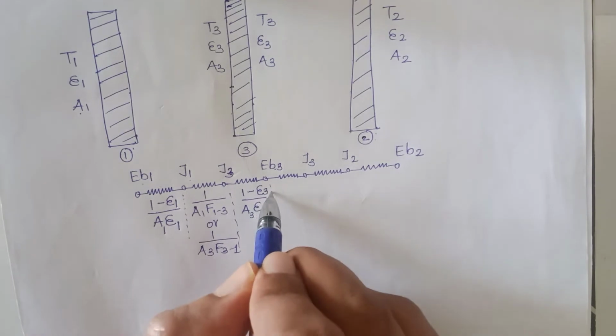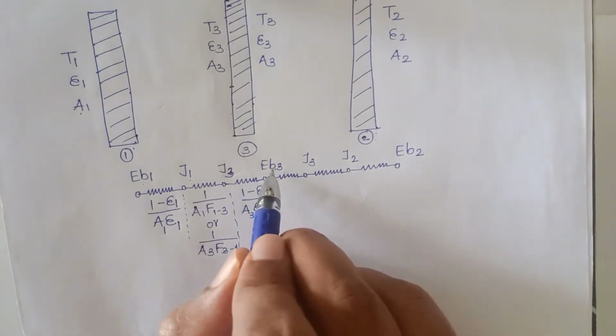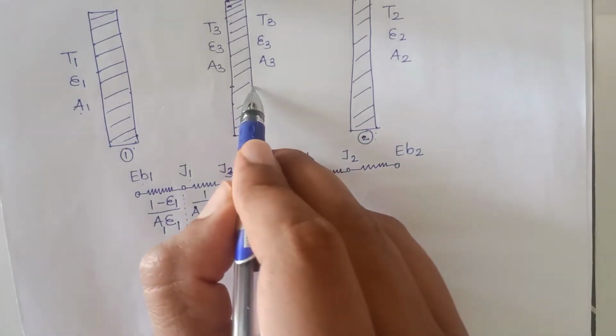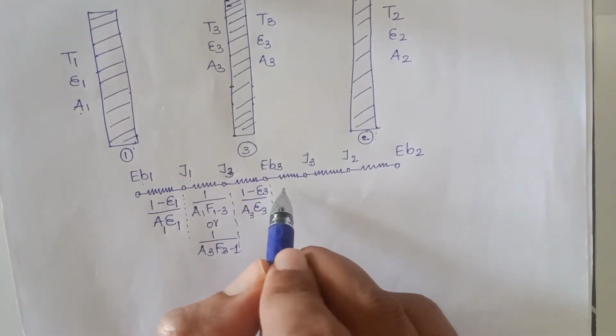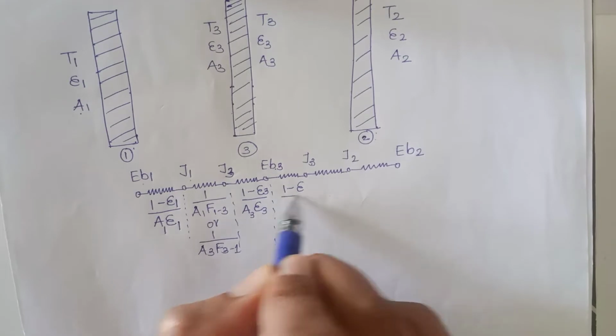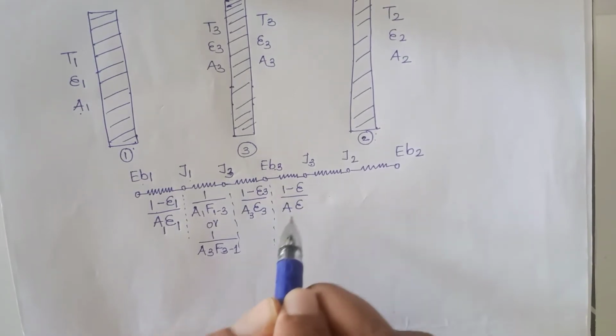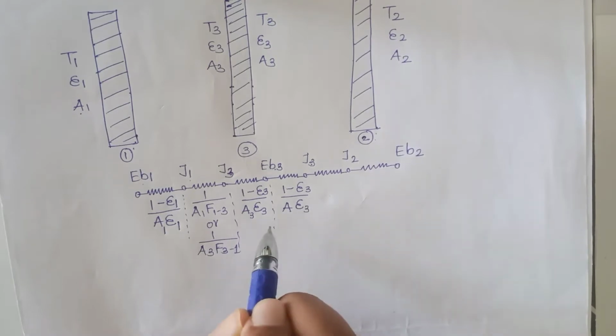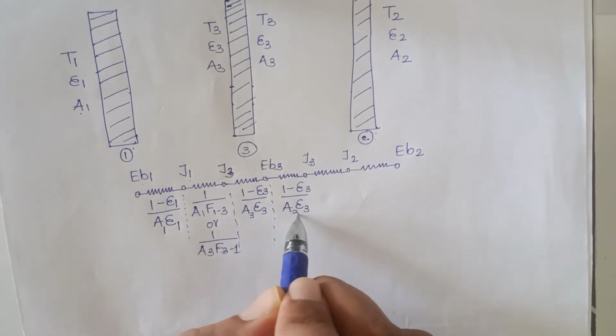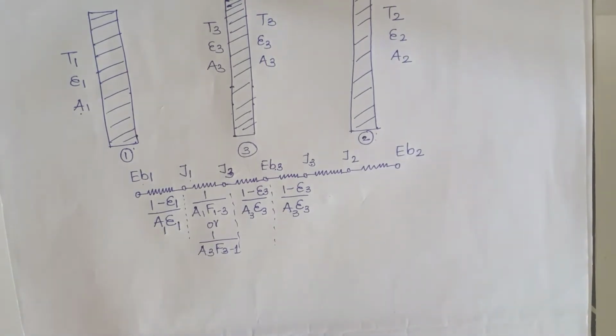That's it. Then between EB3 and J3 on this side, remember it is on this side. Again it is a surface resistance given as (1 minus epsilon) upon A epsilon, with epsilon for the third surface and area for the third surface.